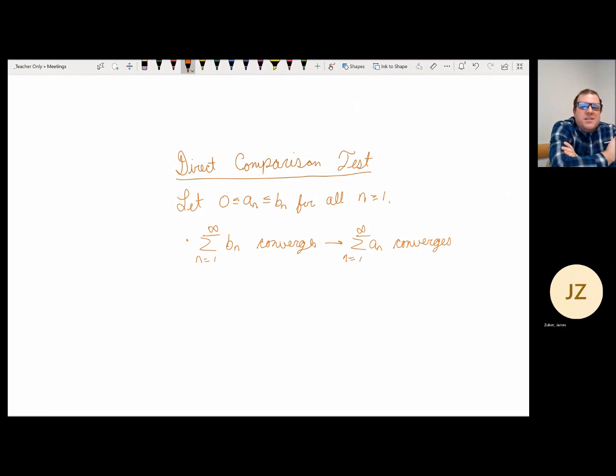If the series b sub n converges, so does the series a sub n. If the series a sub n diverges, then so does the series b sub n.